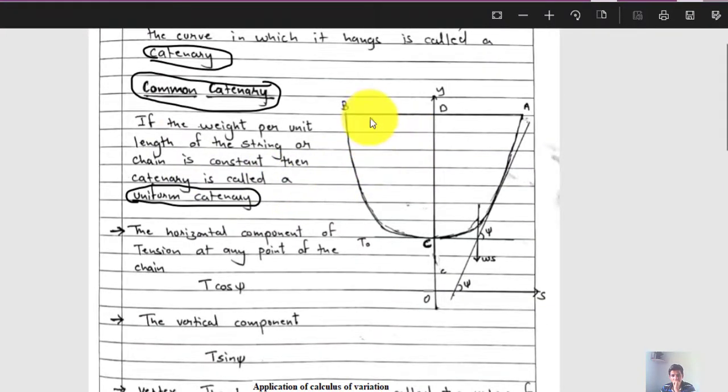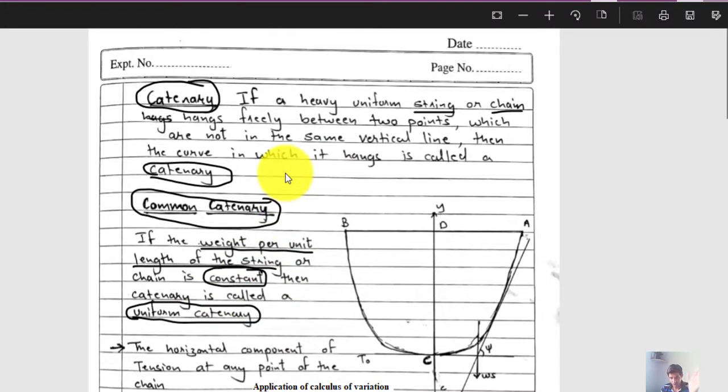Now if the weight per unit length of the string is constant, it is known as a uniform catenary. So these two differences you should know, right?